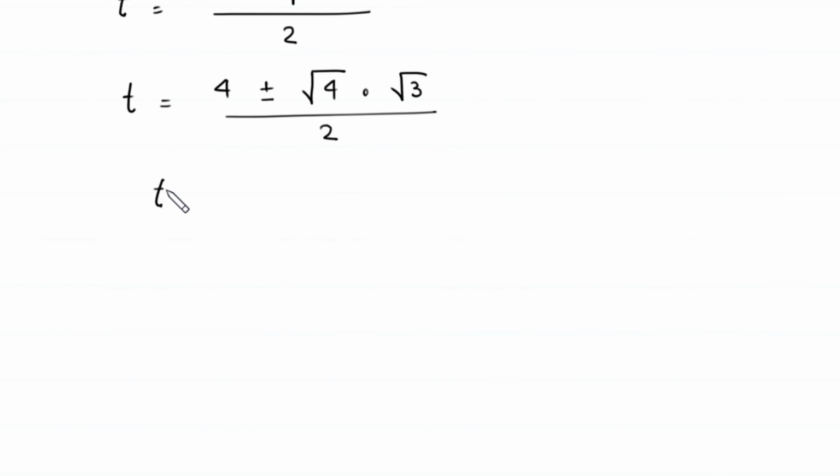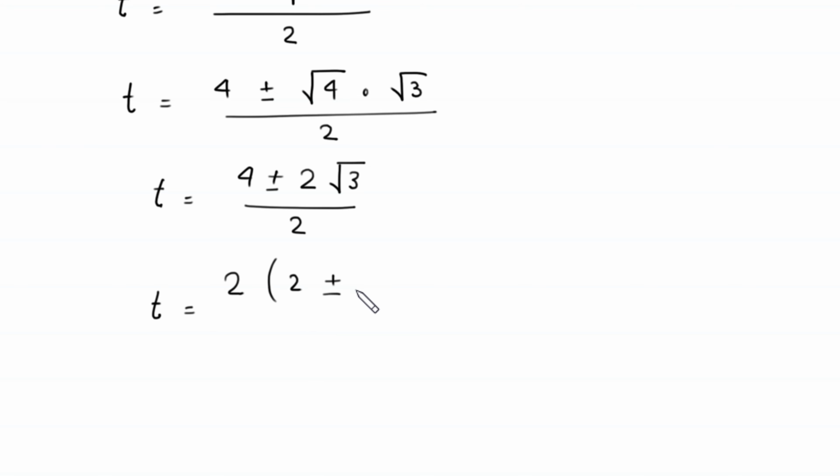Next, t is equal to 4 plus or minus, root 4 will become 2 times root 3, divided by 2. From the numerator we can factor out 2, in bracket 2 plus or minus root 3, divided by 2, and this 2 will cancel out with this 2.